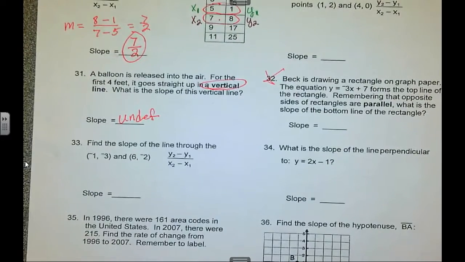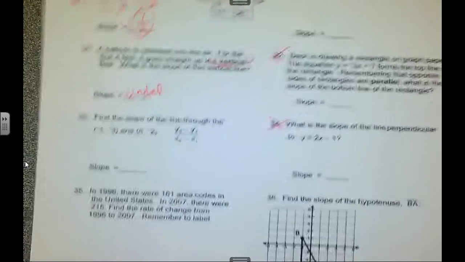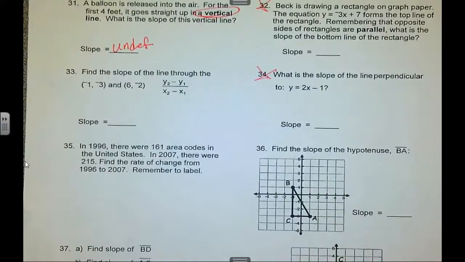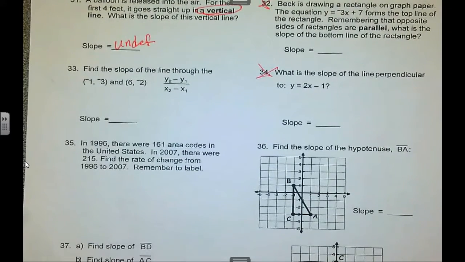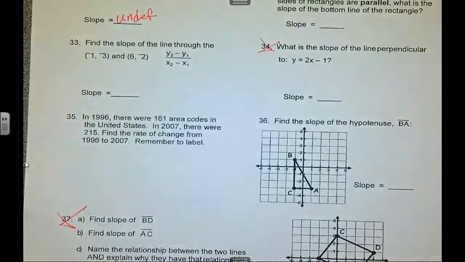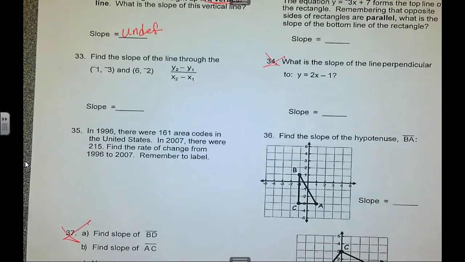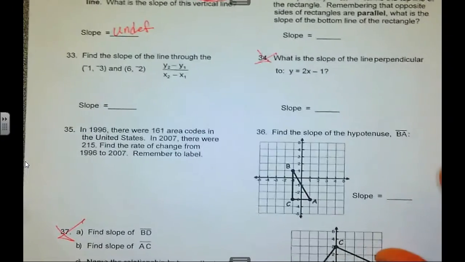Let's see, you can do 33, scratch 34, 35, rate of change. 37, you scratch. 37 scratch. Okay, I'll get rid of 37. Okay, we could do 35.